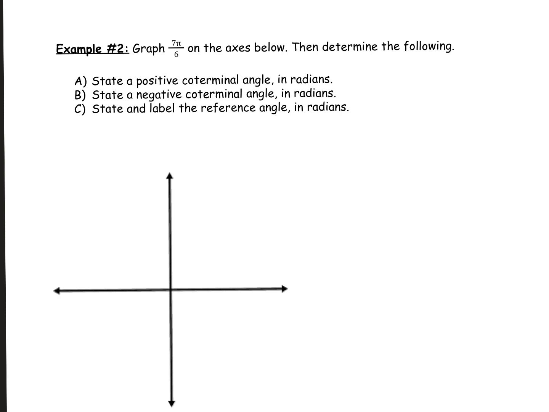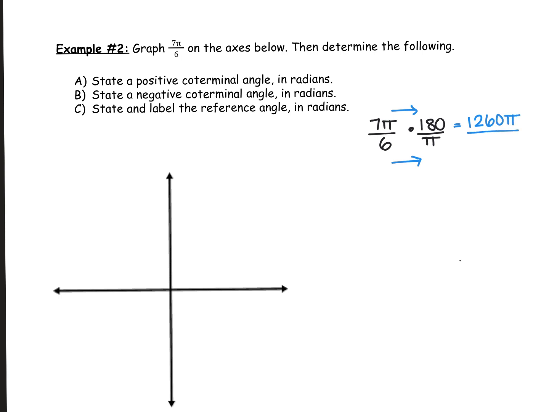So in order to graph something, I need it to be in degrees. So I'm going to take this 7 pi over 6 and change it to degrees by multiplying by 180 over pi. Same thing that we've done before. We multiply straight across. 7 times 180 gives me 1,260 pi.